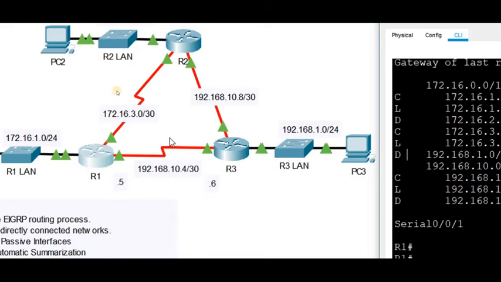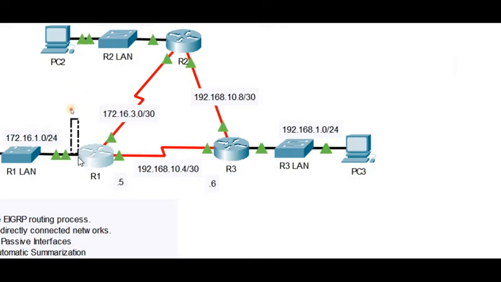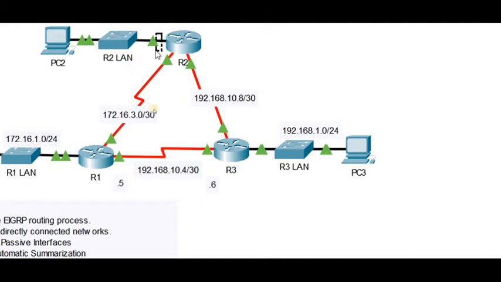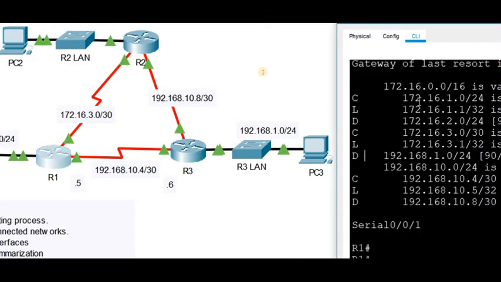Okay, and of course, just make sure that they are not declared as passive. You don't declare these lines passive because, of course, we all know what passive interface does to the EIGRP operation. Okay, so we only declare passive interface on the link that goes to your LAN. Okay, so this one right here.